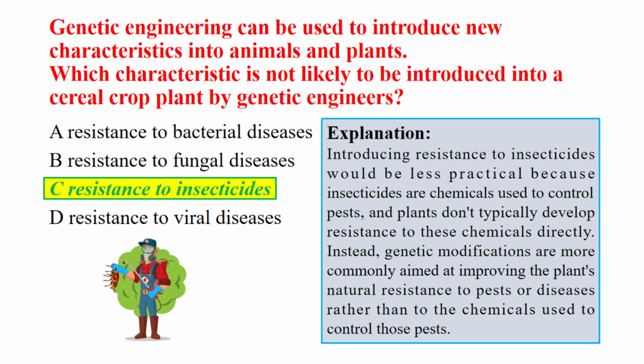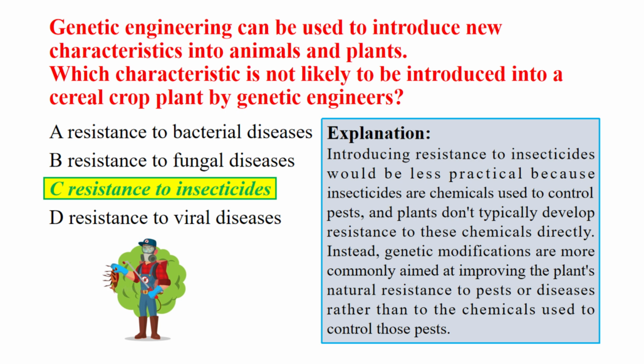Now, let's break it down. Genetic engineers commonly work to enhance a plant's resistance to various pests and diseases. This includes resistance to bacterial diseases, fungal diseases, and viral diseases. These modifications help crops withstand threats that could otherwise reduce their yield or quality.